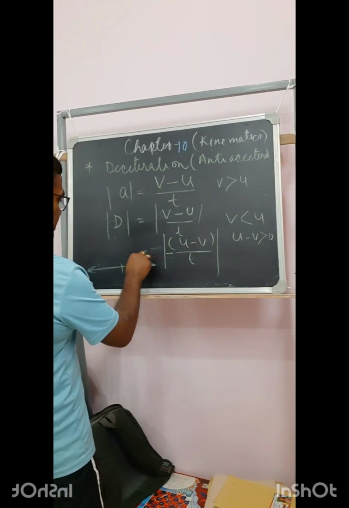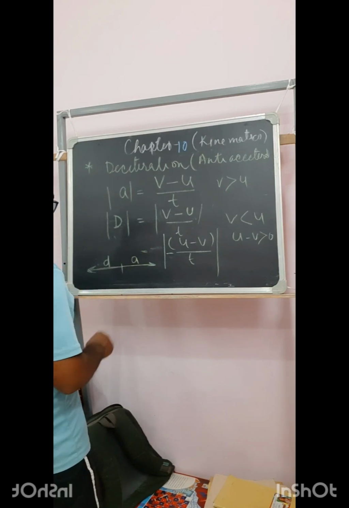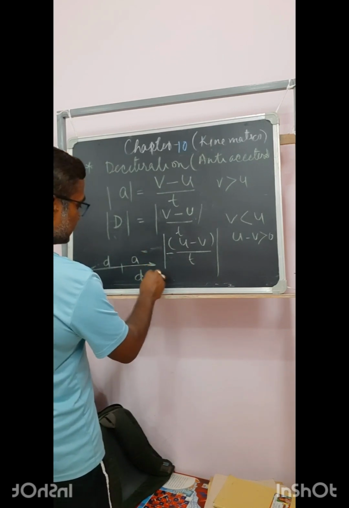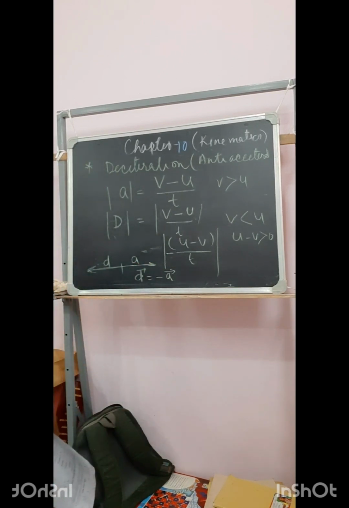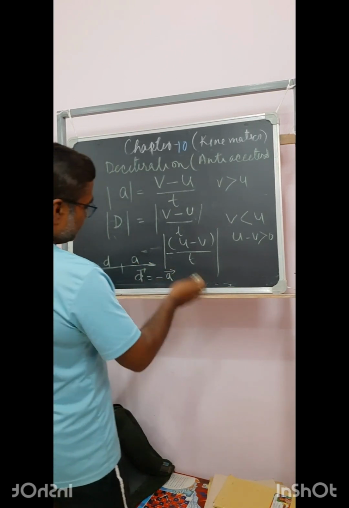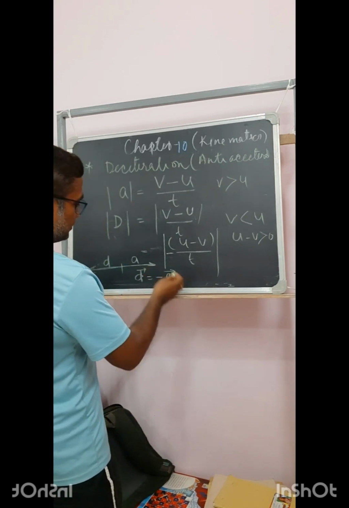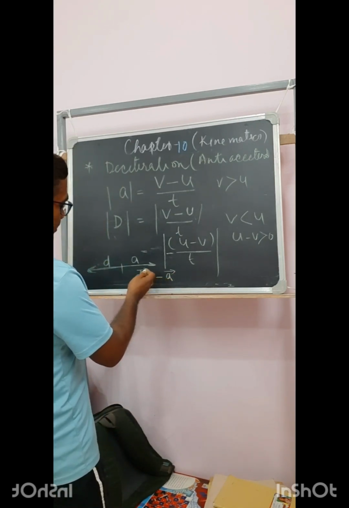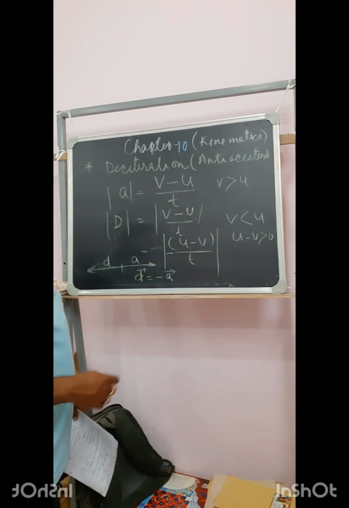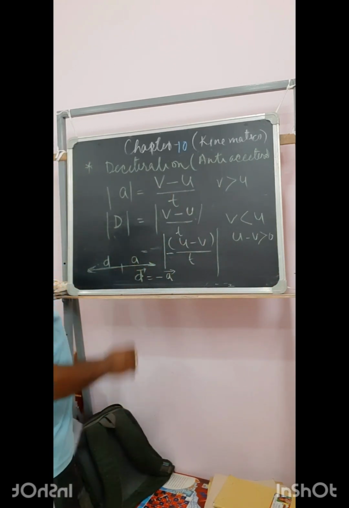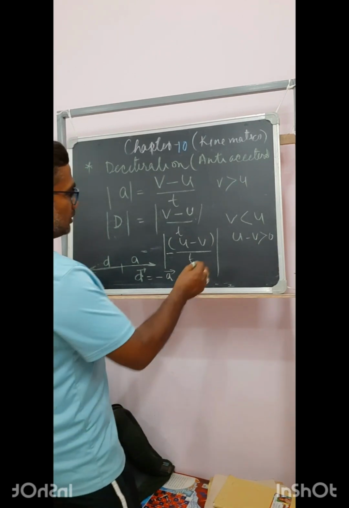So if it is acceleration, it is deceleration. So deceleration can be said as negative acceleration. Basically, what does it mean? It doesn't mean that I am getting another vector which is opposite to A. It is not that.